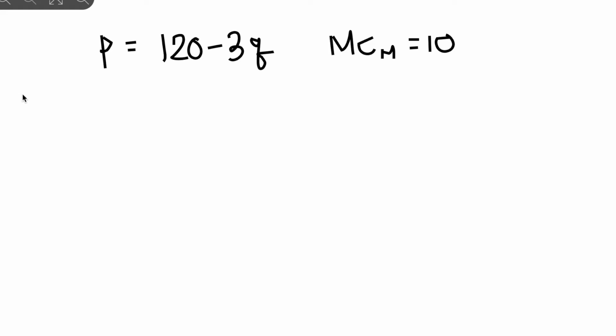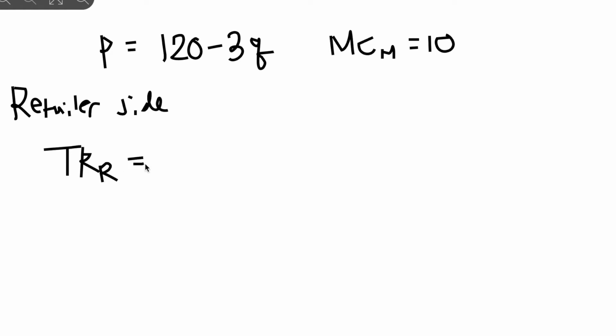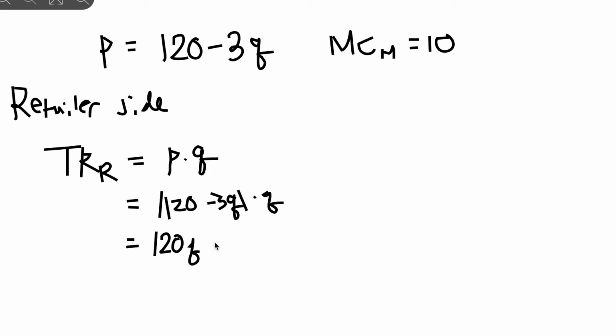Okay, so on the retailer side, let's look at the total revenue. The total revenue for the retailer equals P times Q. The P we have as a demand curve is 120 minus 3Q, times Q. And that equals 120Q minus 3Q squared.